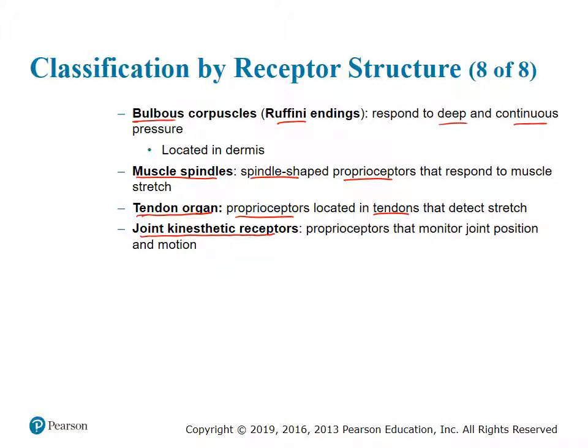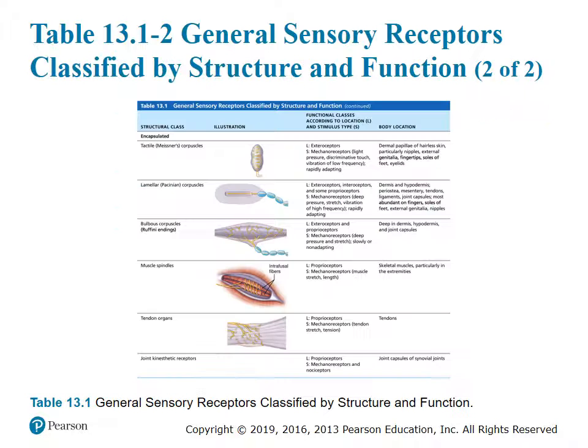And joint kinesthetic receptors are proprioceptors found at the joint. This table 13.1 summarizes each one of those: the tactile, the Pacinian corpuscle, the Ruffini corpuscle, muscle spindle, tendon organ, and joint kinesthetic receptor. Name, where they're found, and their function.